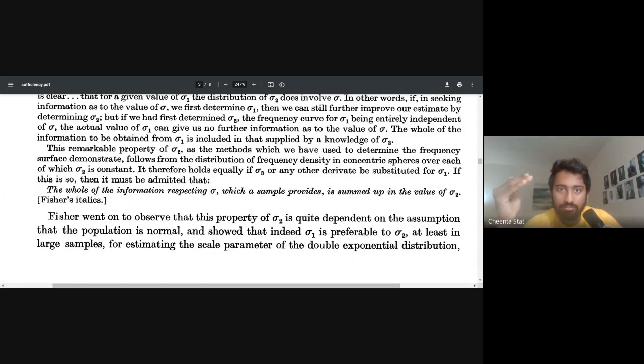Now I will show an example, and I will start with a very basic example of the idea of sufficiency, and we will also relate it to something called graphical models that we have done. I will just draw a picture and show you how it's really beautiful. So let's get started.